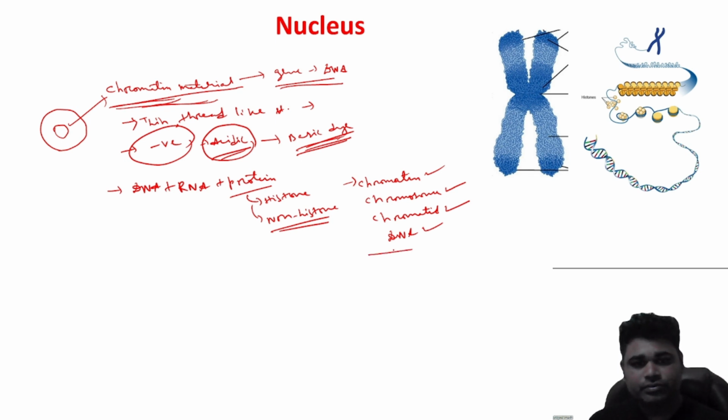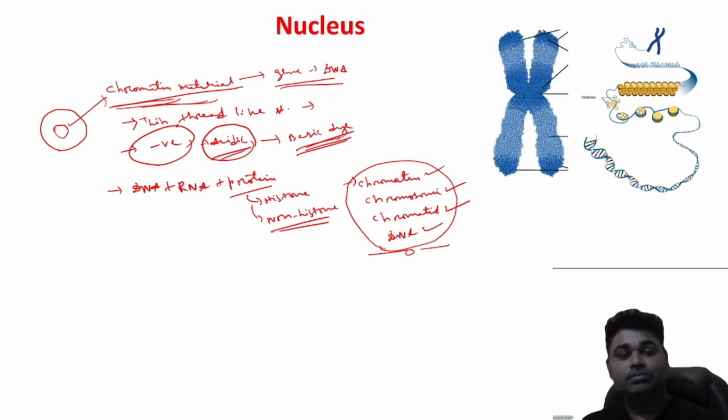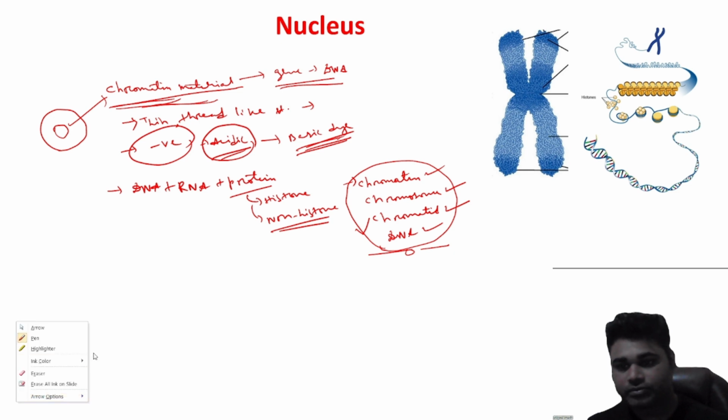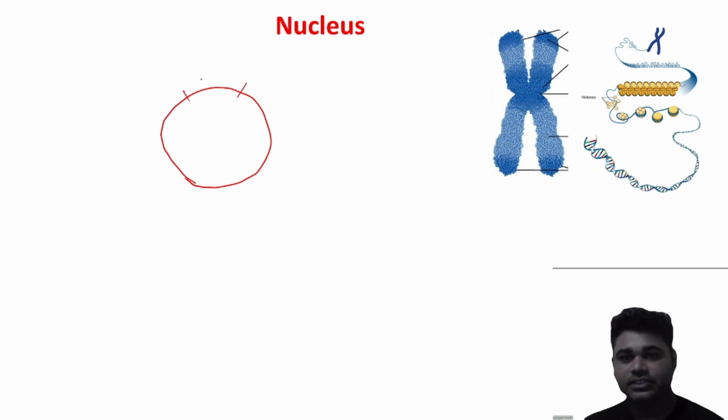Actually all these structures are the same, but the words chromatin, chromosome, chromatid and DNA differ because it depends on which stage of the cell division the structure is present in. So now you should know something extensive about it. In the cell cycle, let's say this is the cell cycle, this is called the M phase. This is called the gap 1 or G1 phase.